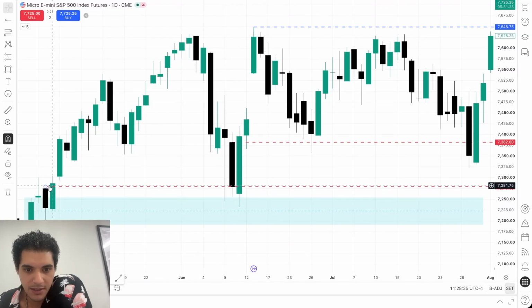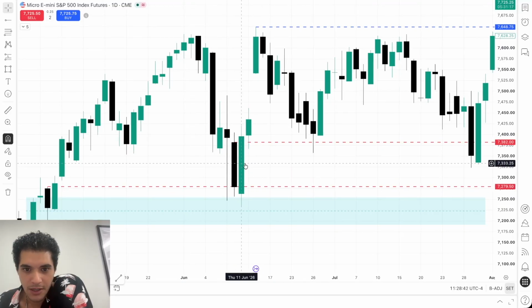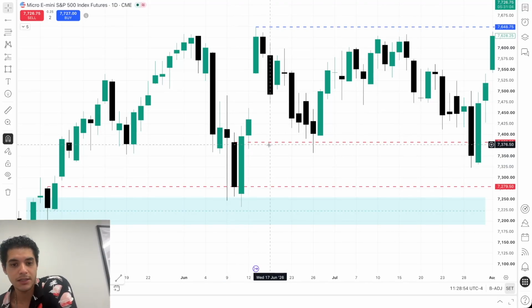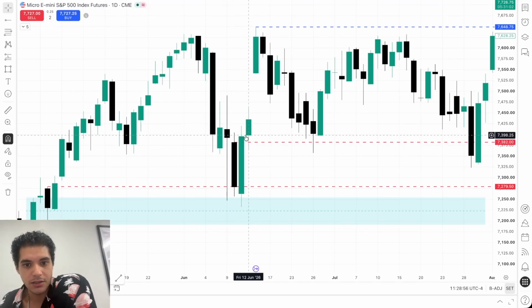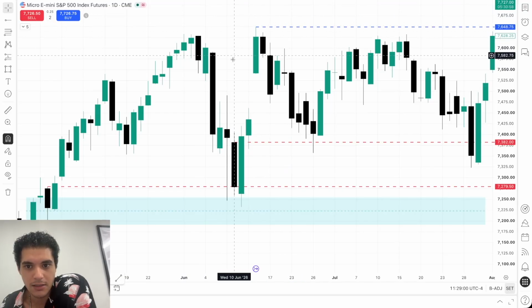Did we tap in this first one that we initially rejected off of? No. What did I say this bar was? A change in state of delivery because we closed above this down close candle and we're bullish on ES. So this constitutes a change in state of delivery for a run to the highs.